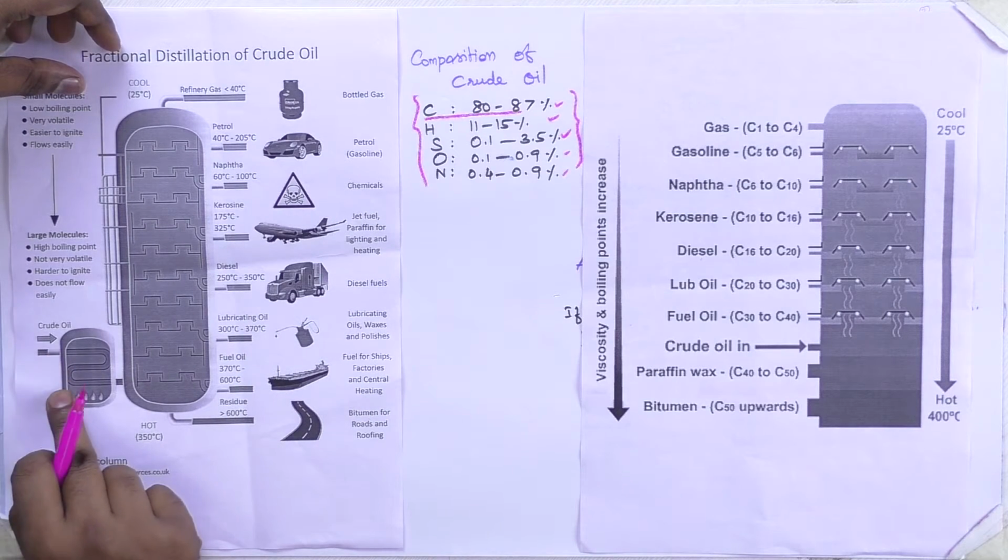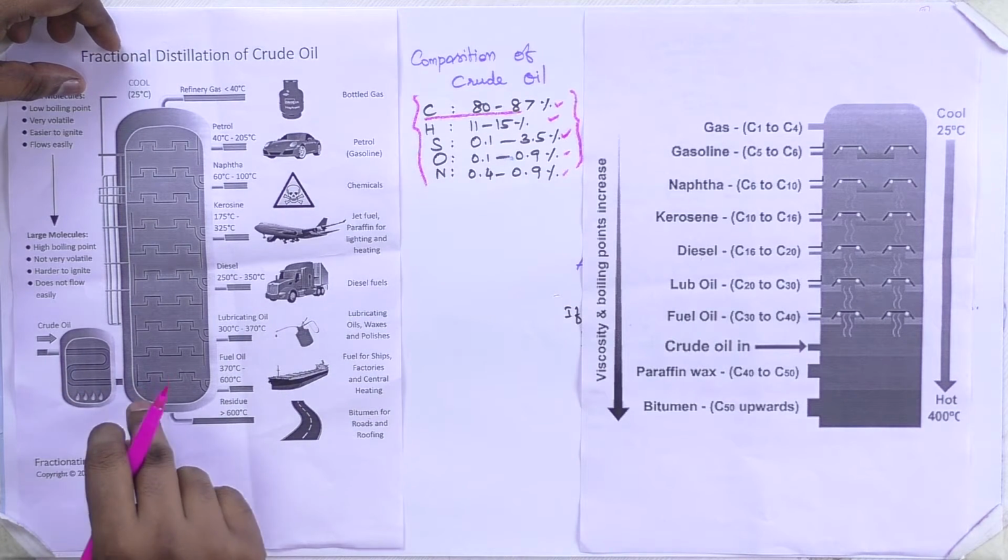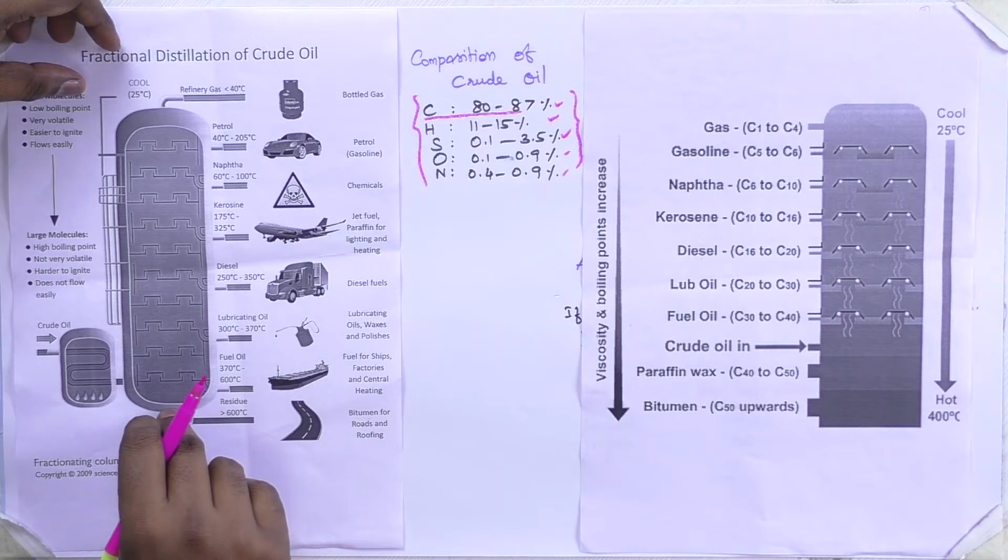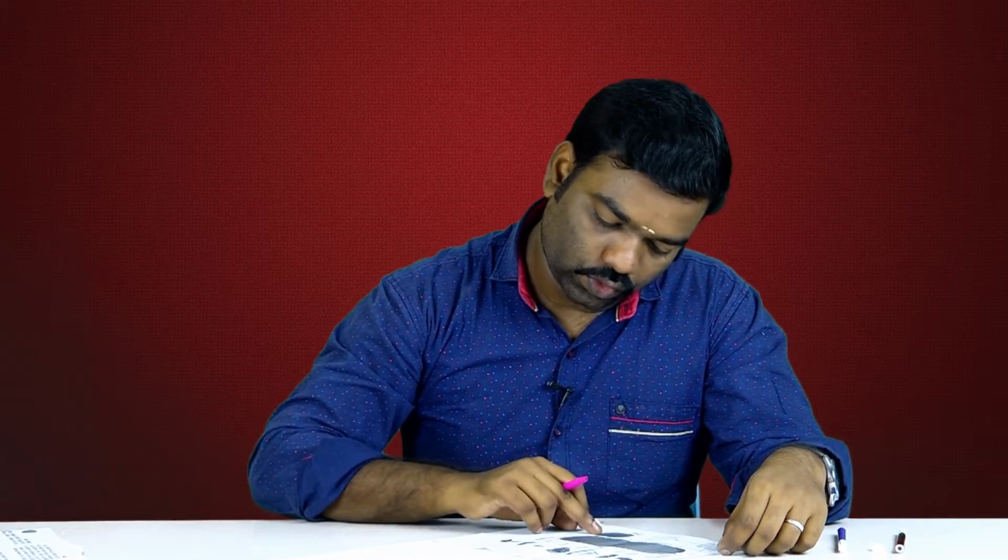Crude oil is inserted in the chamber and heated in a tower. In that we have different trays for collecting the fractions. First we introduce the crude oil and it is heated up to 350 degrees Celsius or around 400 degrees Celsius.